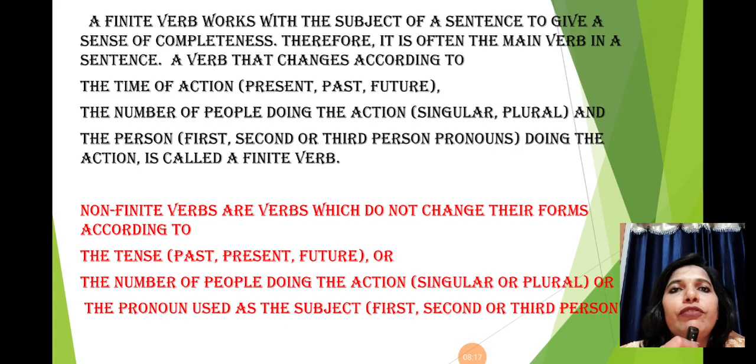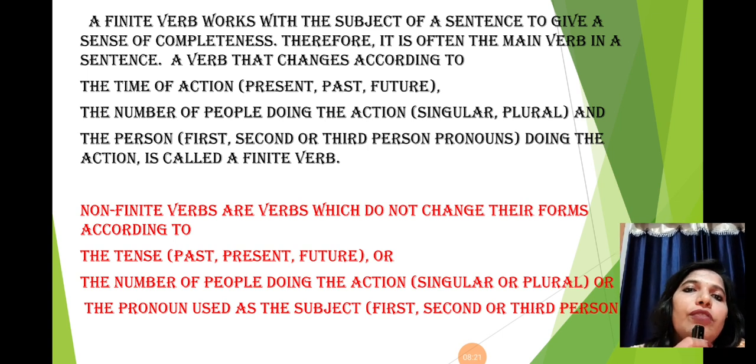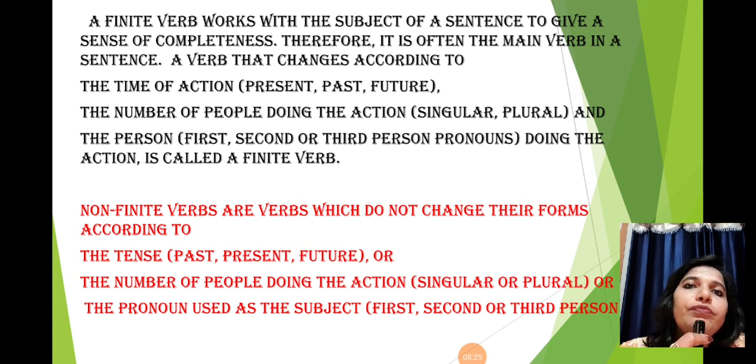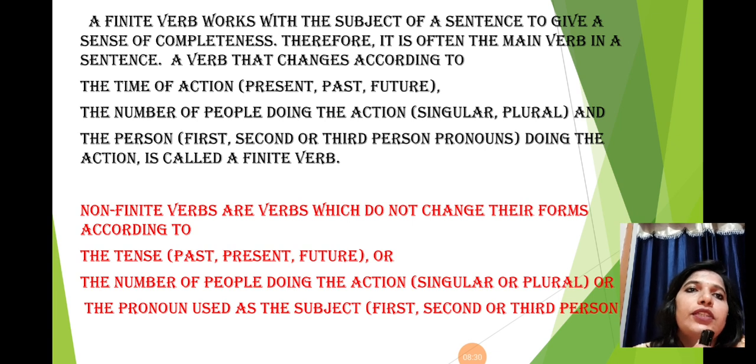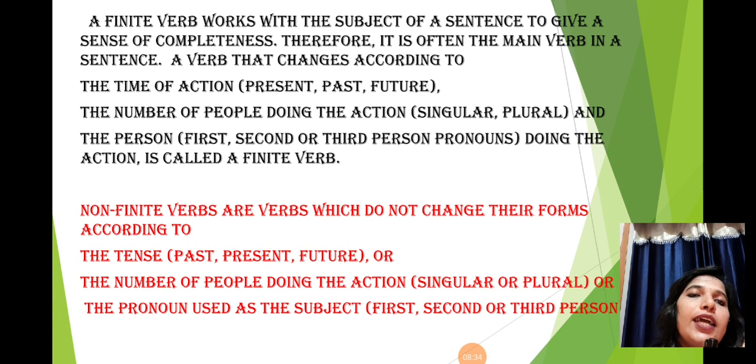Now, finite and non-finite verbs, right? Non-finites are also called infinitives. We need to understand that a finite verb works with a subject and a statement to give a sense of completeness, as we have studied in transitive verbs.